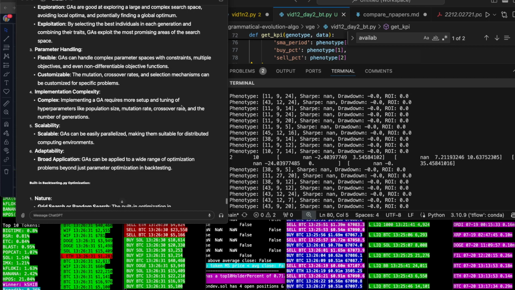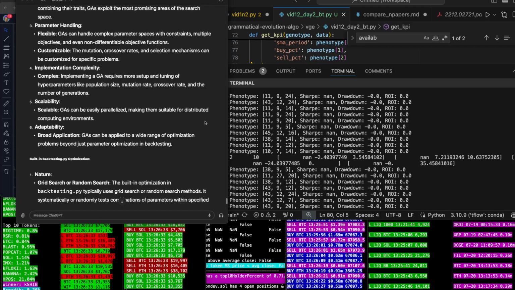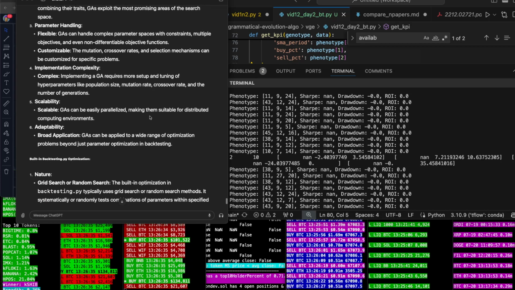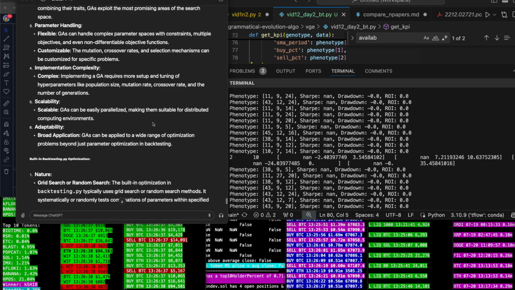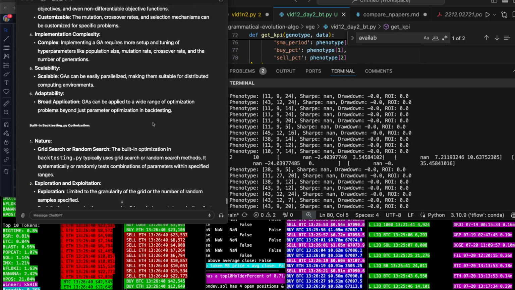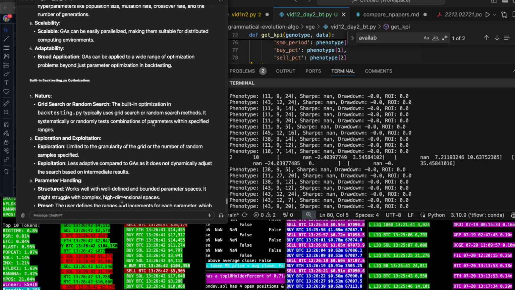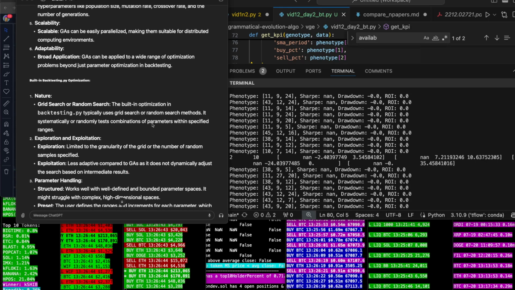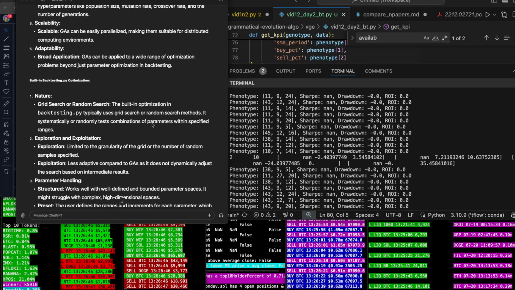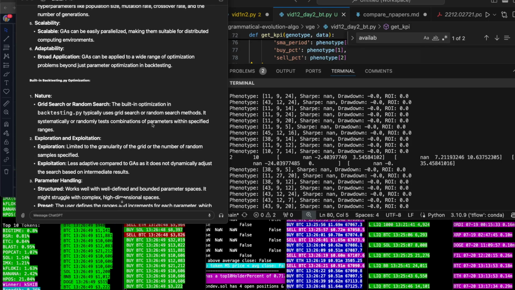Scalability: scalable. GAs can be easily parallelized, making them suitable for distributed computing environments. Adaptability, broad application: GAs can be applied to a wide range of optimization problems beyond just parameter optimization and backtesting.